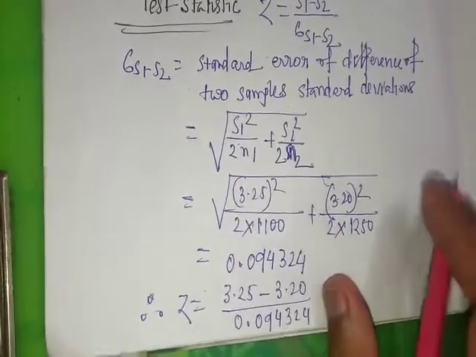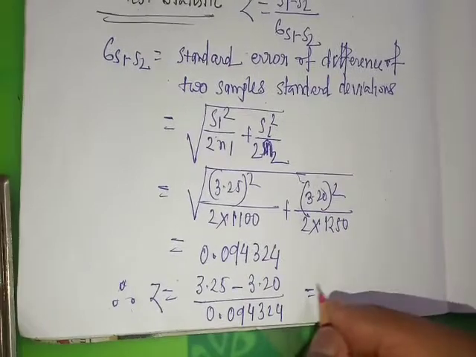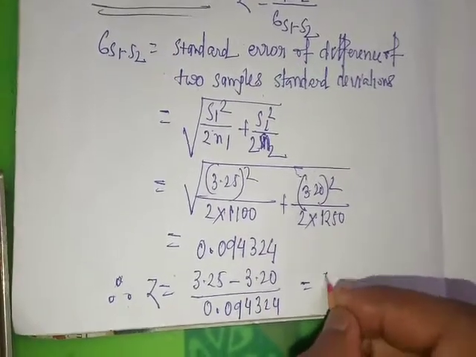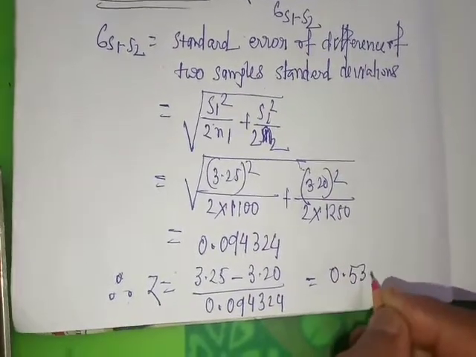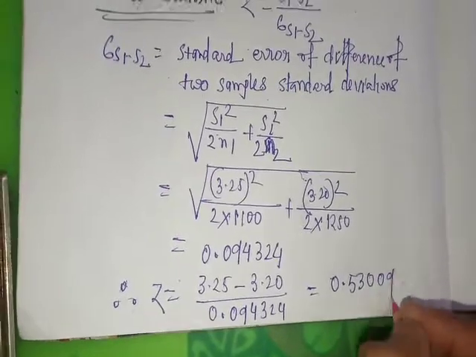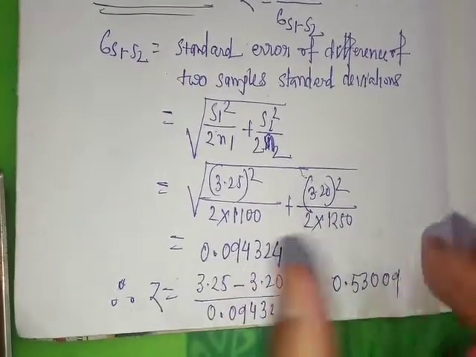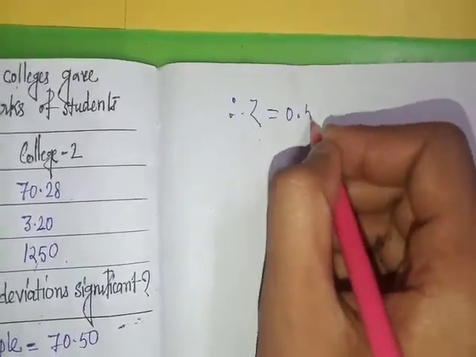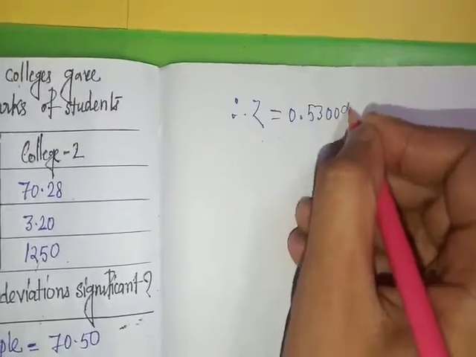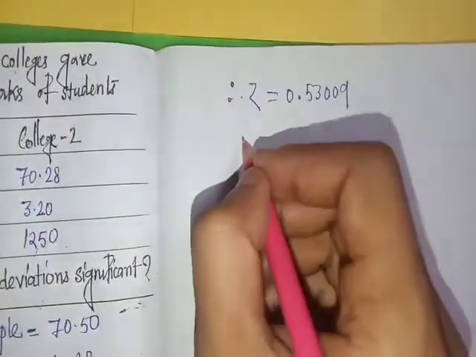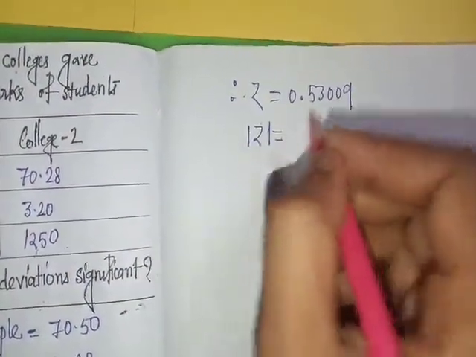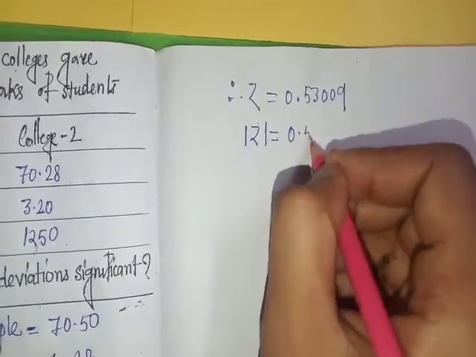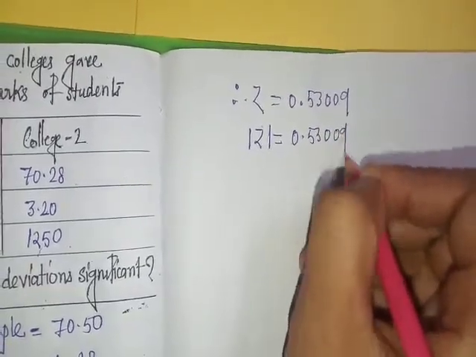After calculation we get the value of Z as 0.53009. So mod Z equals 0.53009.